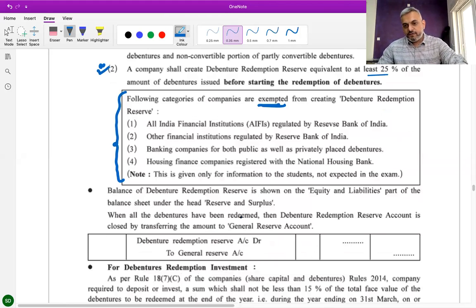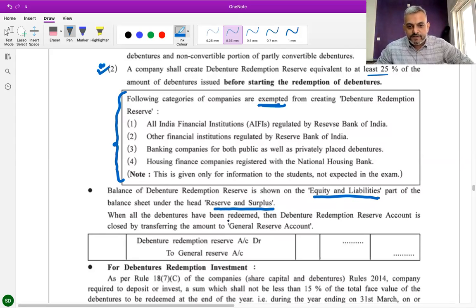Now, where is this balance shown? We are going to see very soon when we do company final accounts that the balance of debenture redemption reserve is shown on the equity and liabilities part of the balance sheet under the head reserves and surplus. Now, what happens when the debentures are redeemed? Yani we gave the money back to the debenture holders.